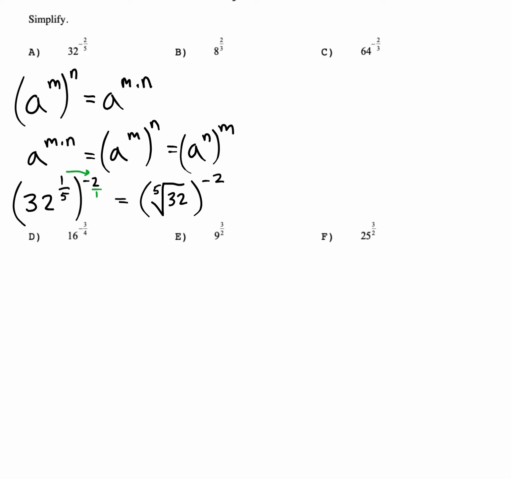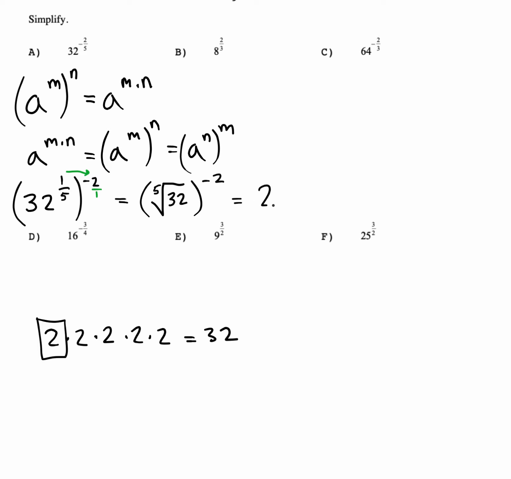It is 2. See, 2 times 2 times 2 times 2 times 2 makes 32, right? Using that fact, the 5th root of 32 must be 2.